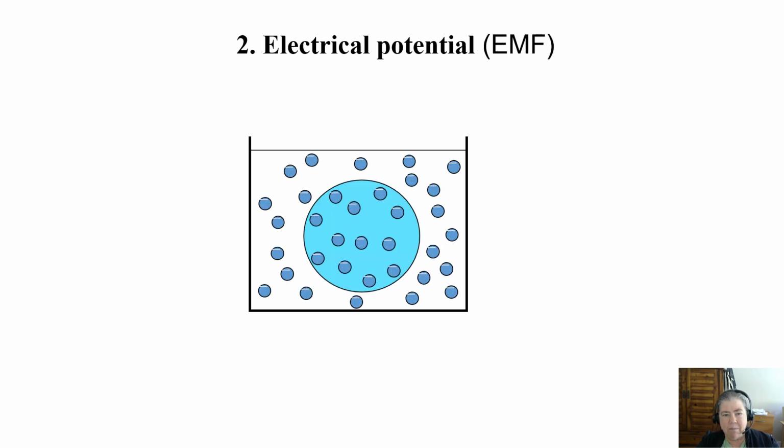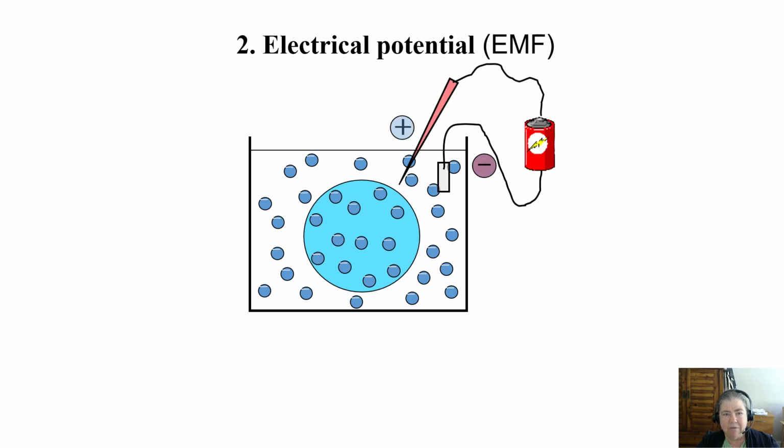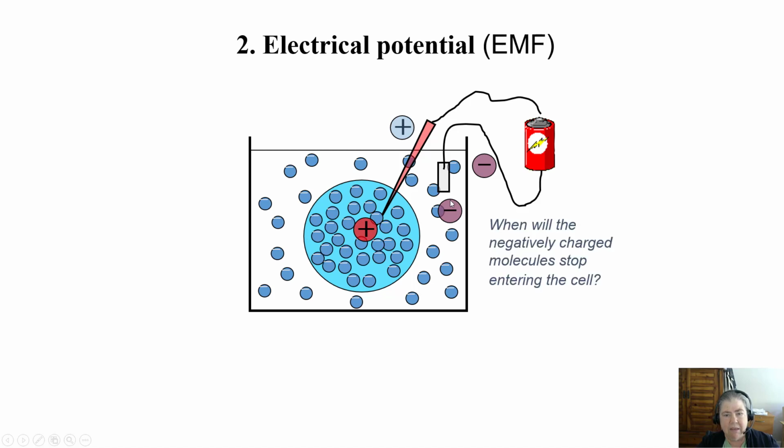Okay, so here we have a bunch of charges. Okay, we have a battery. We have, I guess, two terminals, a positive terminal and a negative terminal. And right now we have within this area positive charge and outside a negative charge.